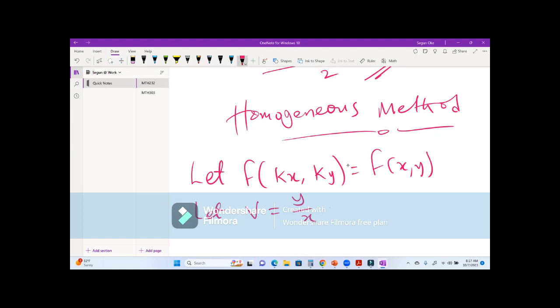And if I say v equals this, what is 1 over v? Anybody? v equals y over x. What is 1 over v?